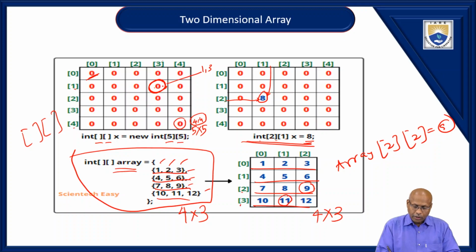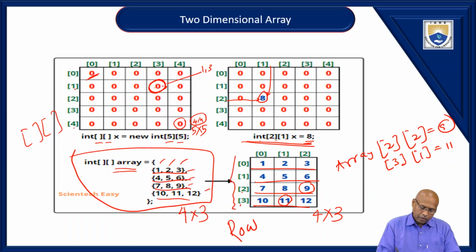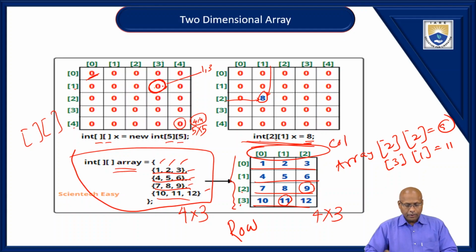Third row, 1st column. That is your 11. So you can fetch any data from the two-dimensional array by specifying row index and column index. These are your row indices and these are your column indices. And what is the dimension of the array? 4 rows, 3 columns.